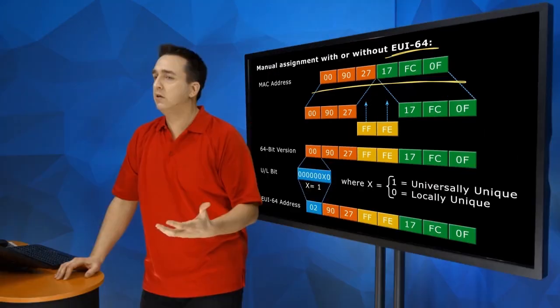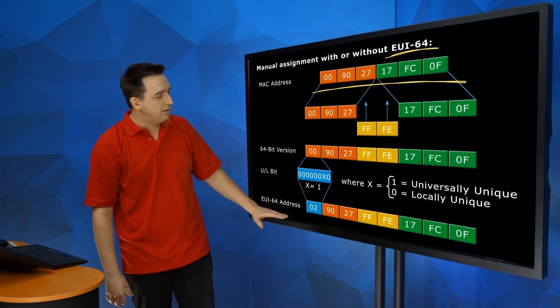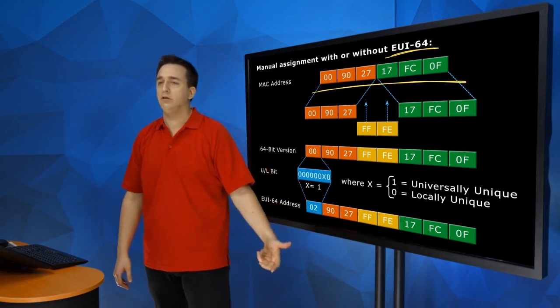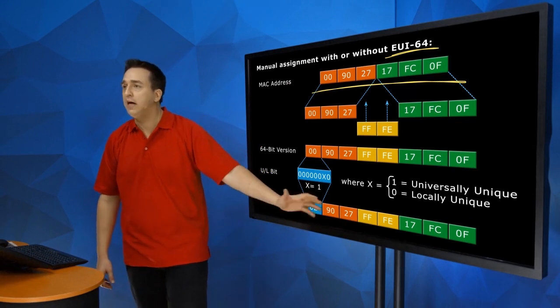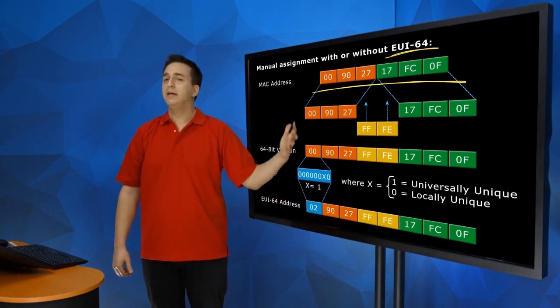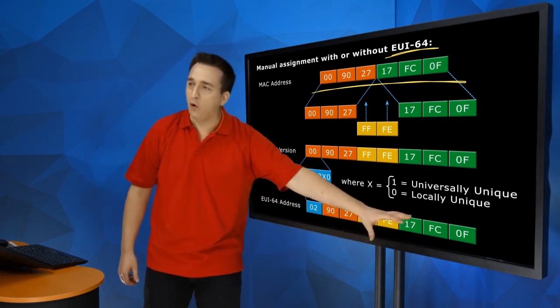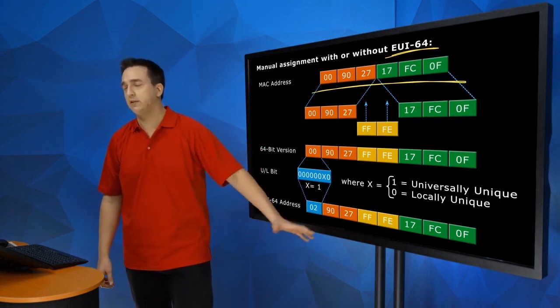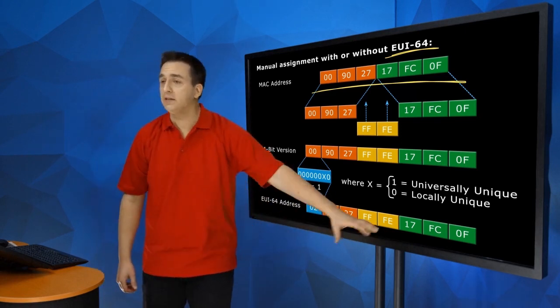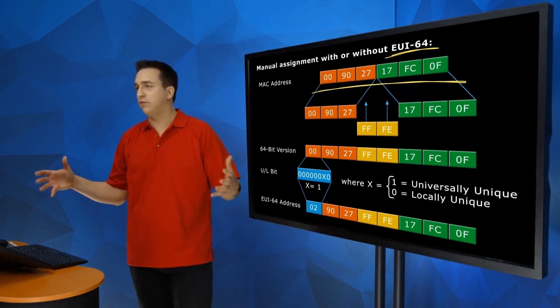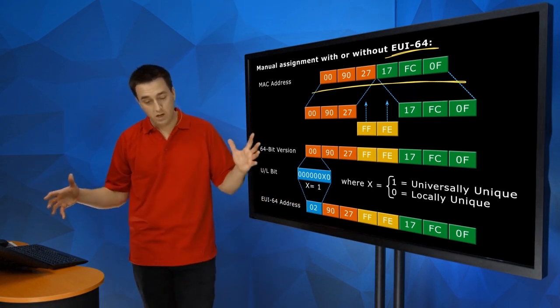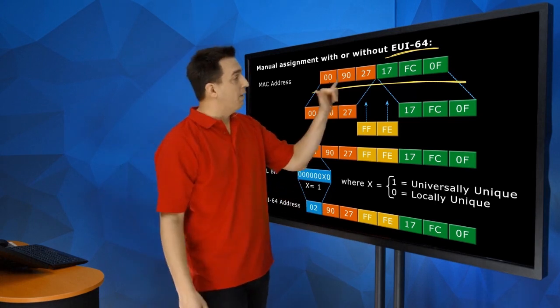Well, of course. So we can see down here, the latter 64 bits end up being 029027FFFE17FC0F. This is an IEEE standard way of creating the latter 64 bits, which represent these hexadecimal characters now for the interface portion. So I could work backwards from there and come up with the MAC address.